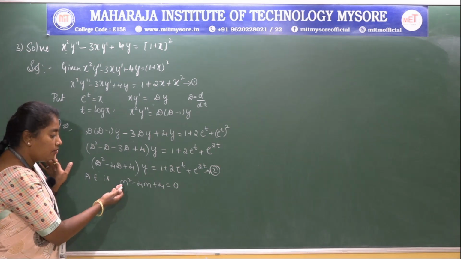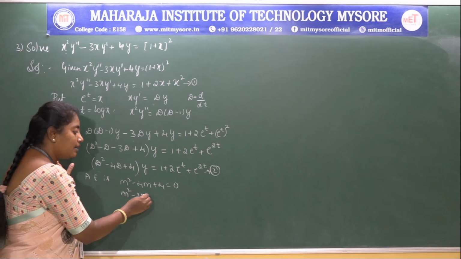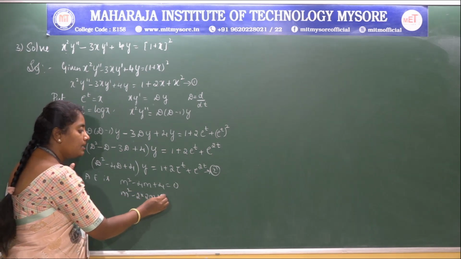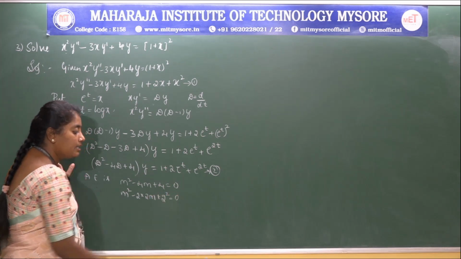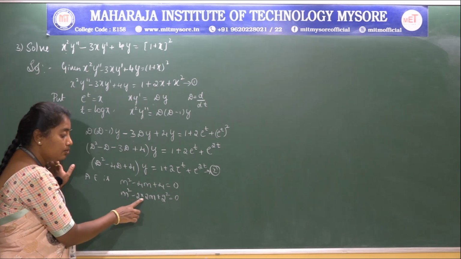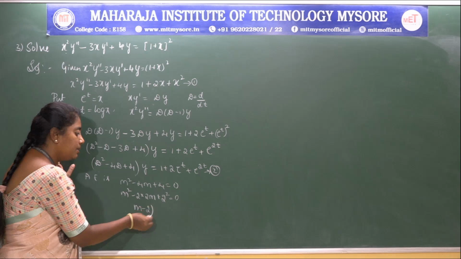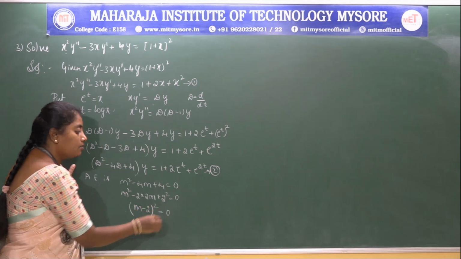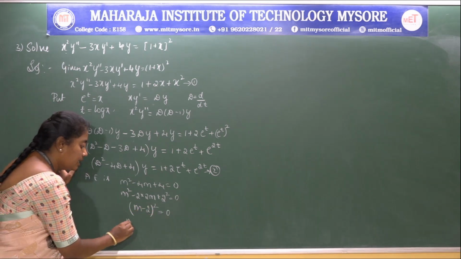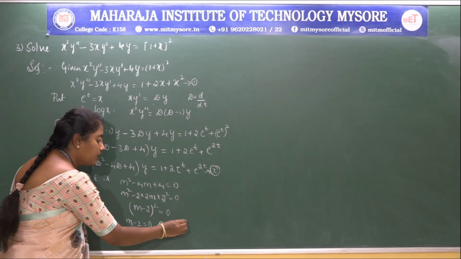So by factorizing this, let us find the roots. Here this is in the form m² − 2·2m + 2², which is the standard result a² − 2ab + b² = (a − b)² = 0. That is (m − 2)² = 0.